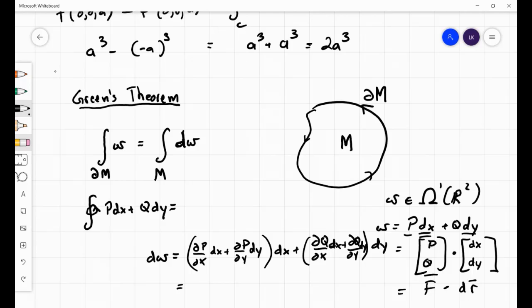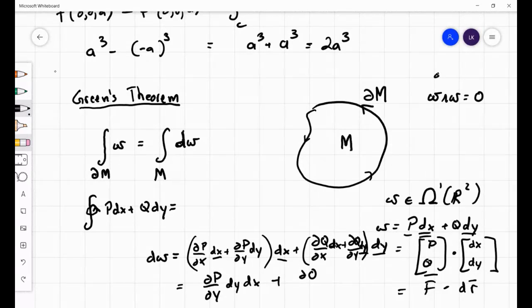Okay, but then what's dx wedge dx? Any differential form wedged with itself will be 0. So dx wedge dx is 0. Then we have dy dx. And likewise here, dy wedged with dy is 0.